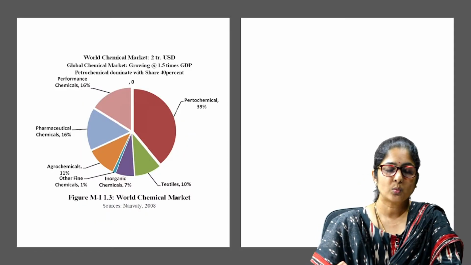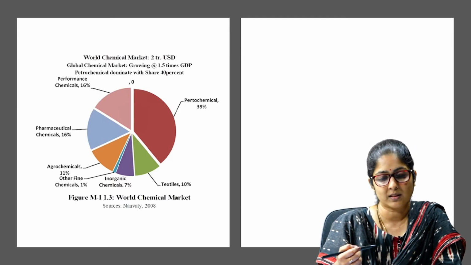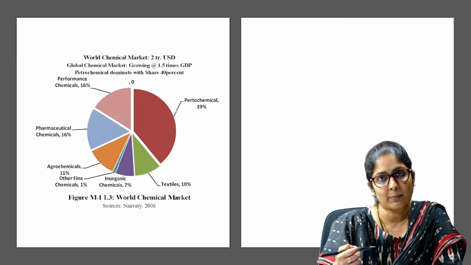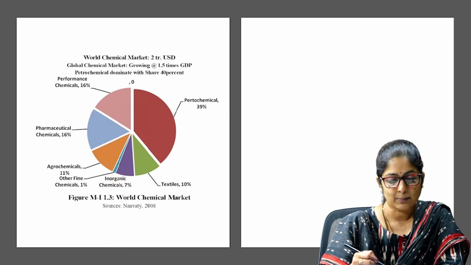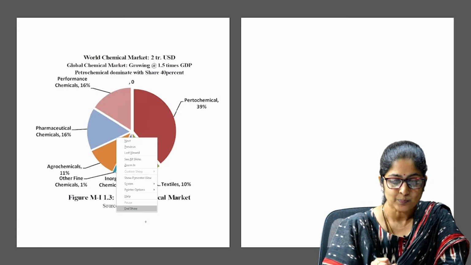So as we know, the majority of the applications we see in and around us come from the chemical industry. Let us see the world chemical market as well. This pie chart represents the world chemical market; the source is from 2008.